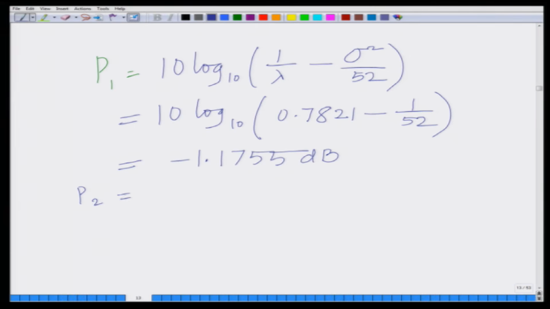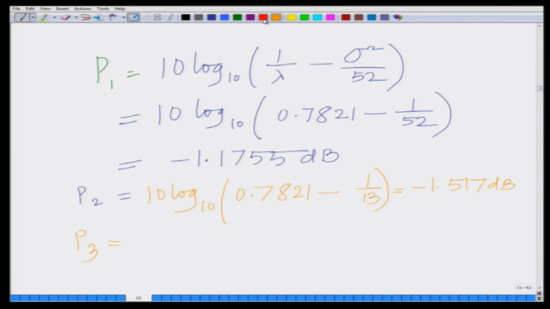Similarly, P2 equals 10 log to the base 10 of 0.7821 minus 1 over 30, equals minus 1.517 dB.